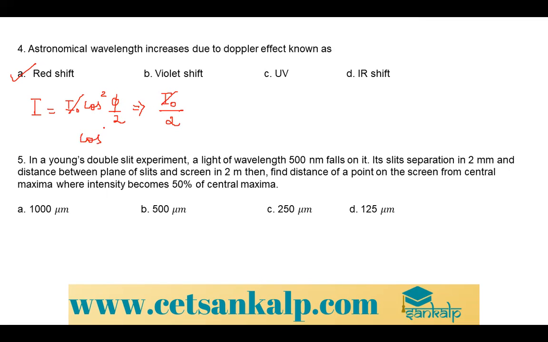So cos square phi by 2 is equal to 1 by 2; taking the root, cos phi by 2 is 1 by root 2. So phi by 2 is cos inverse of 1 by root 2, which is nothing but pi by 4.